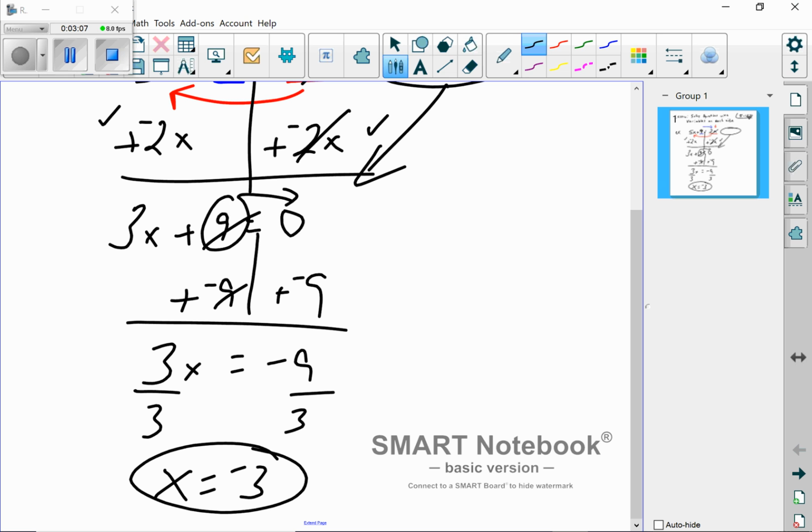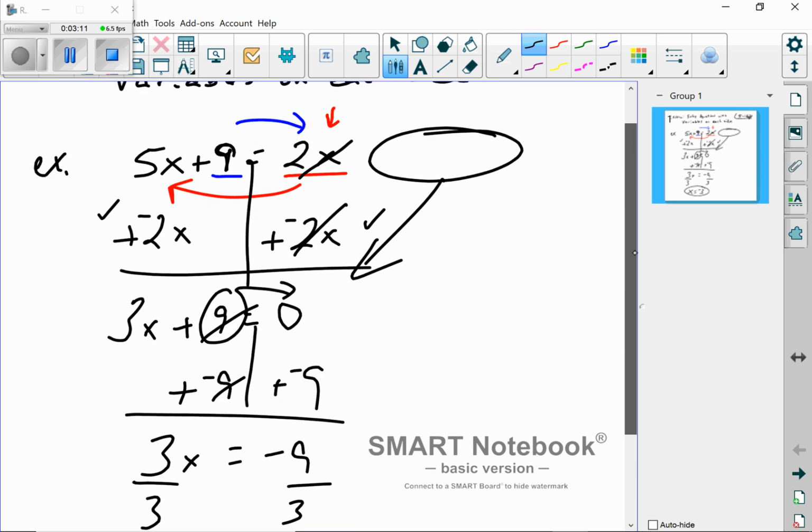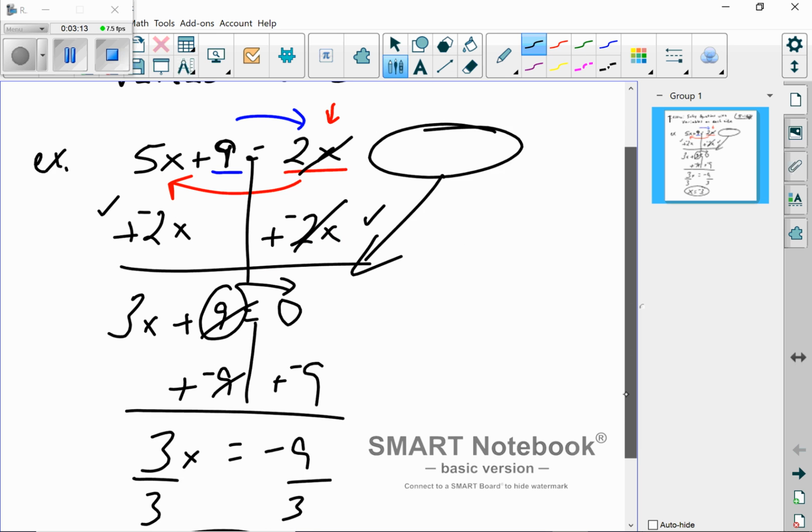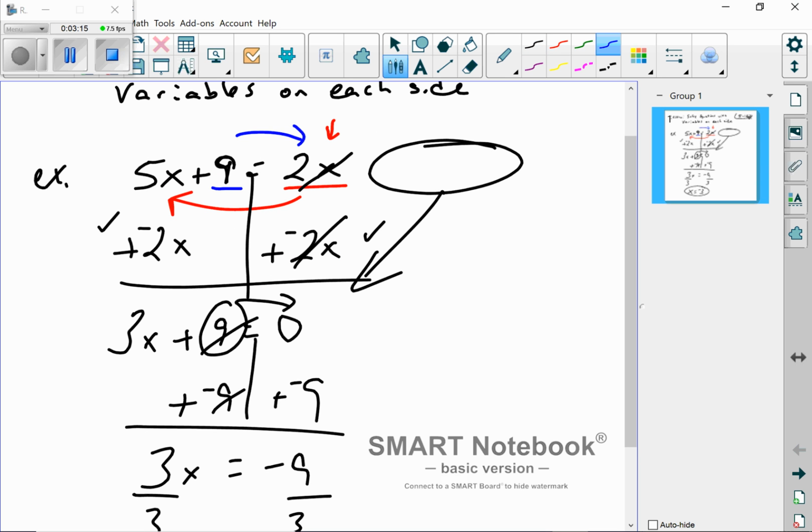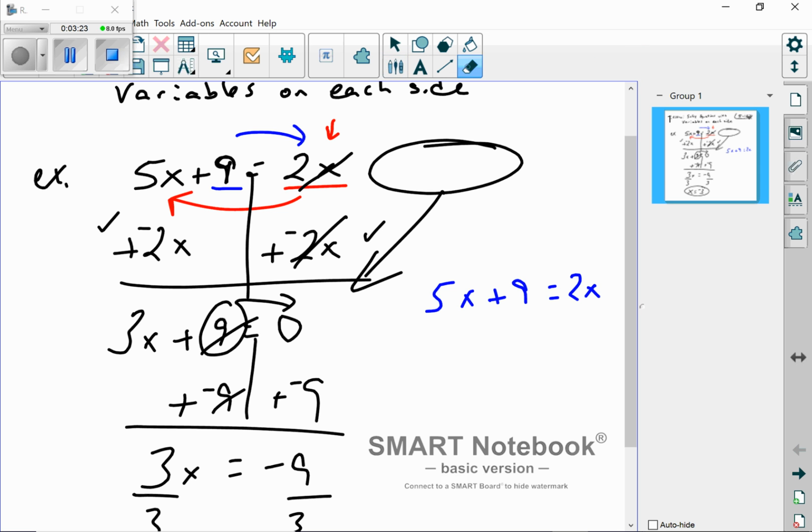All right. So the check for this is we take our original problem, which I will do here in blue, and write 5x plus 9 equals 2x. Everywhere there's an x, we're going to take out the x and put in our solution, which was a negative 3. So I'll put in, with a red, 5 times negative 3, 2 times negative 3.